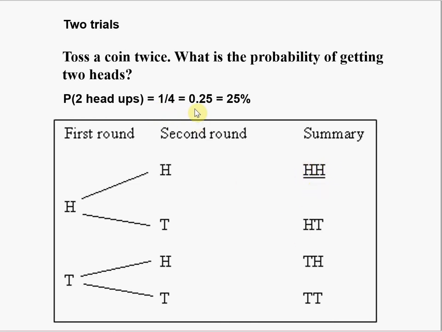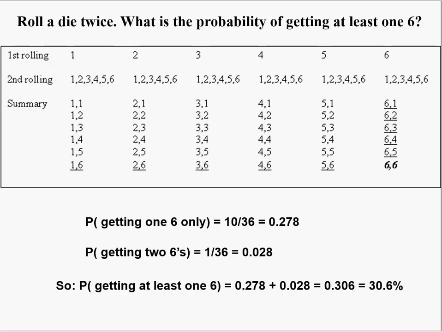So 1/4, 25%. The probability of getting two heads when you toss a coin twice is 25%. So this is a 2 by 2 experiment, where you calculate the probability using the classical approach.